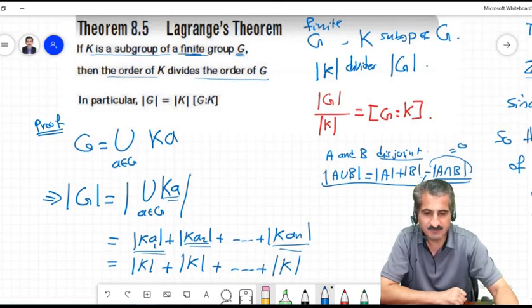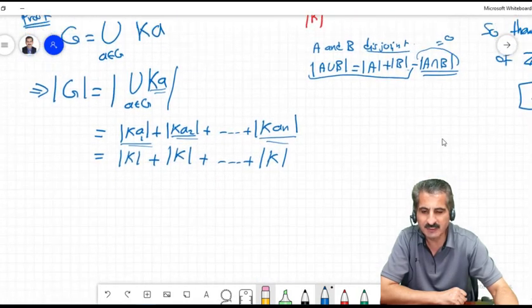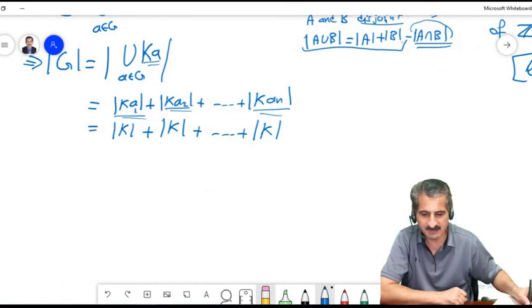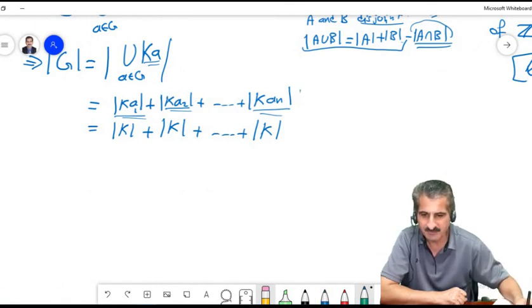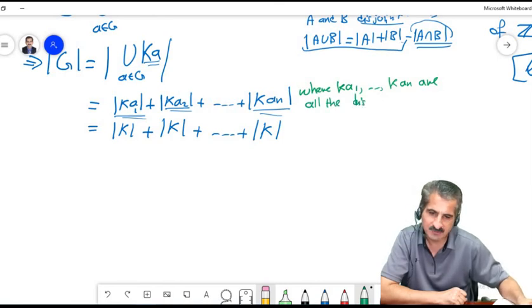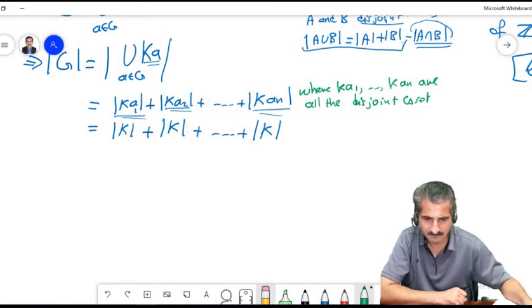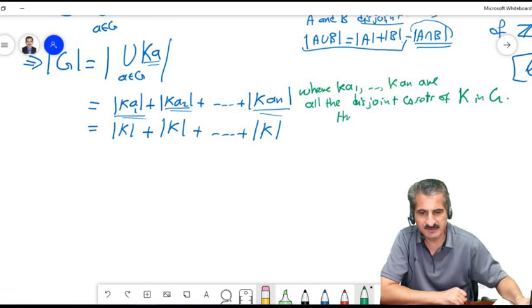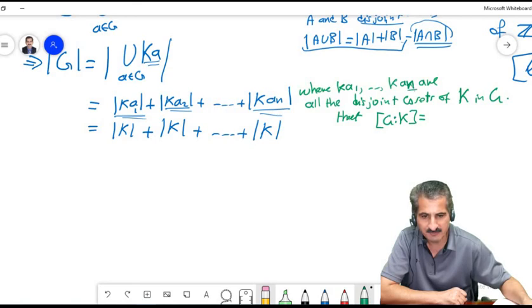And now we assume that Ka1, Ka2, all the way to Kan are all the disjoint cosets of K in G. That means the number of cosets of K in G, which is the index of K inside G, is this number n, because we are assuming there are n of them.